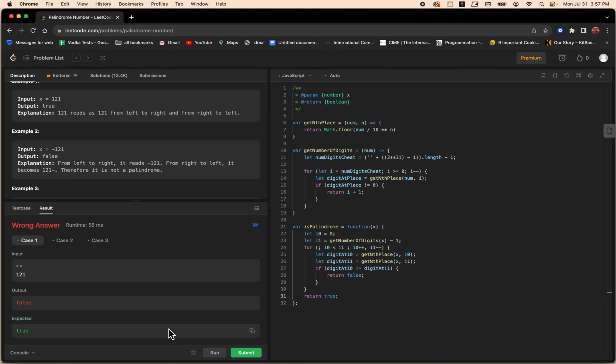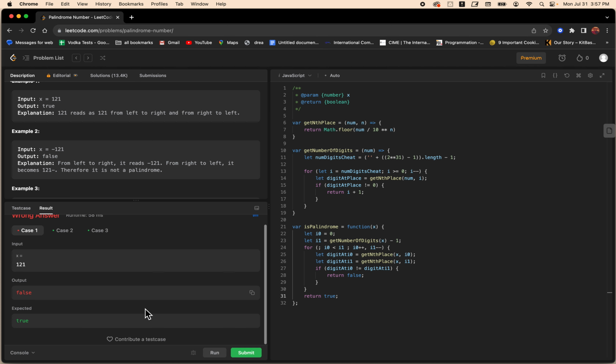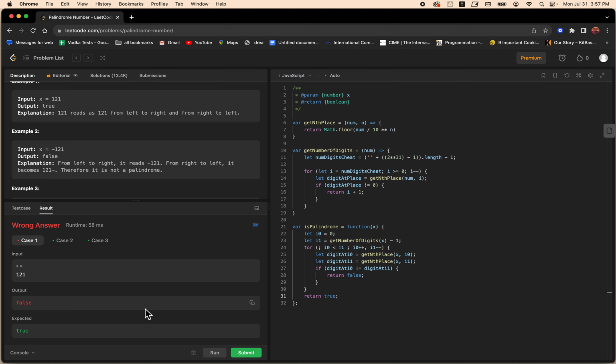Wrong answer. Oops. So let's work out what happened when the input was 121. We started with i0 equal to 0, and i1 is equal to getNumberOfDigits(x) minus 1.